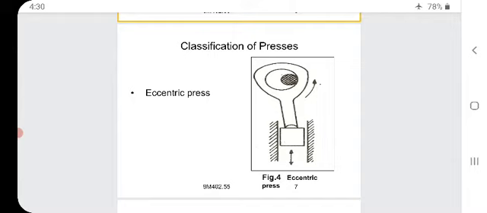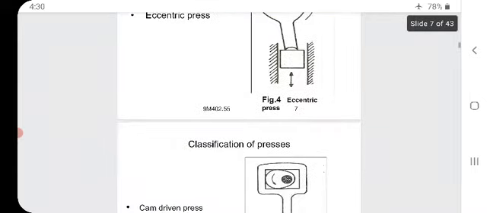Next, eccentric press. So the same, the piston and the pitman. So in the place of a camshaft, sorry, you are seeing the eccentric press. So due to the rotating motion of the eccentric press, pitman, it must move from the TDC to BDC.